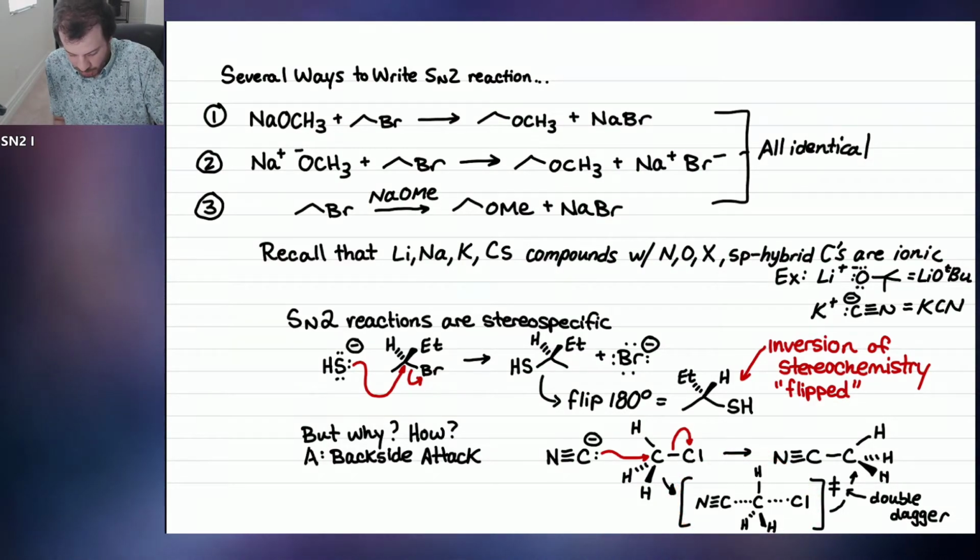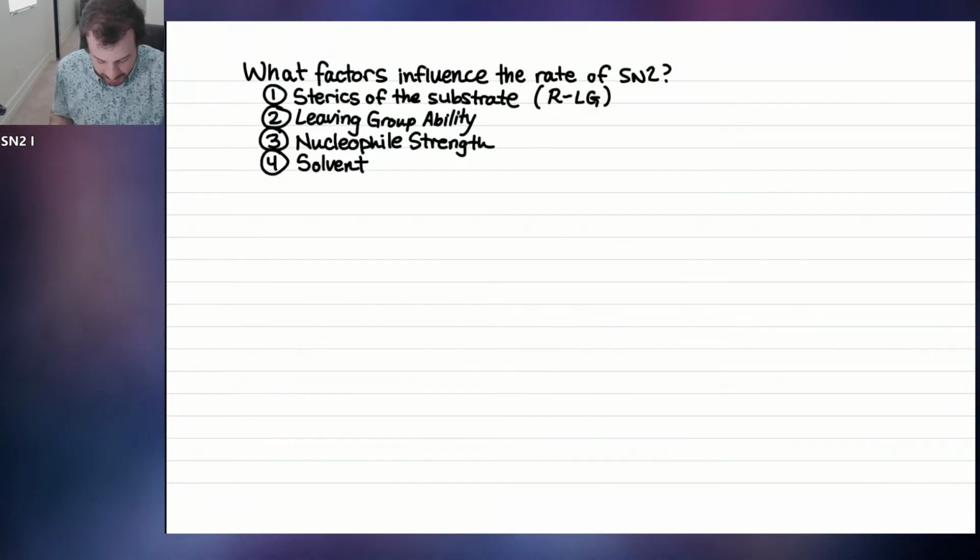So we have a partial negative charge on the carbon, a partial negative charge on our leaving group, and we have a partial positive charge on our carbon in the middle. Okay? So because the transition state is polar, that means polar solvents are going to better dissolve the transition state. So it turns out the SN2 reaction does a lot better in polar solvents because of the transition state polarity. Again, something we'll talk about later on.